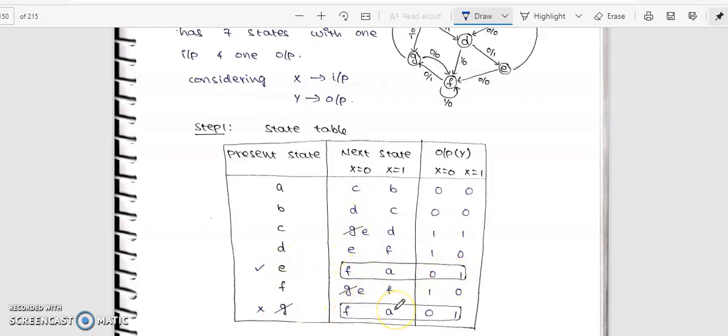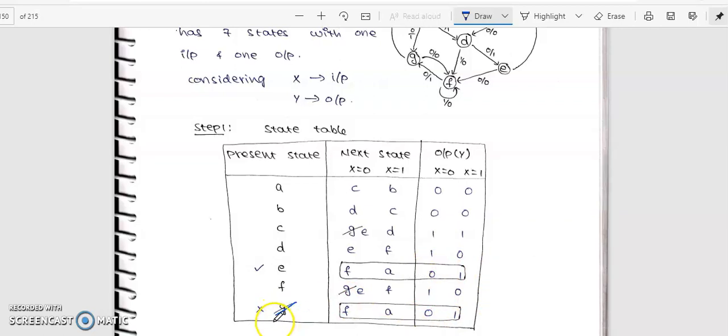F and A are the next states, and similarly 0 1 0 1 are the outputs. So we can eliminate G, and that means replace G with E wherever you see it. Here is one place where I'm replacing G with E, and here is the other place.